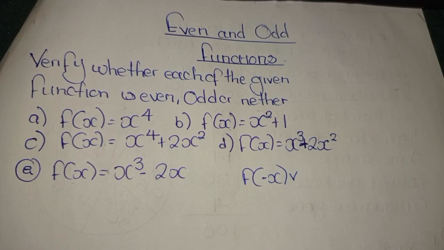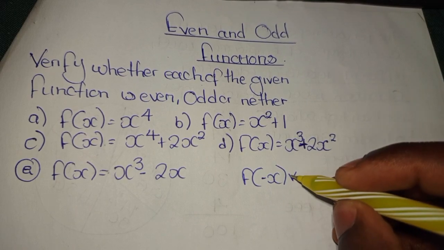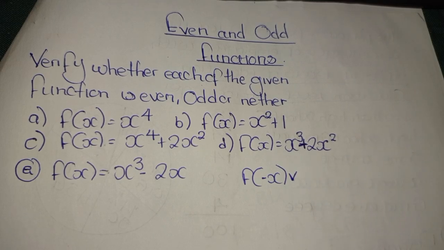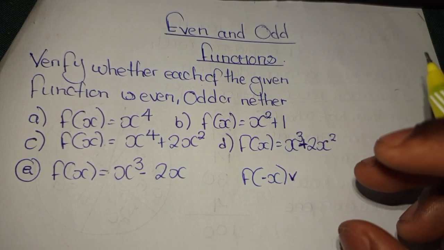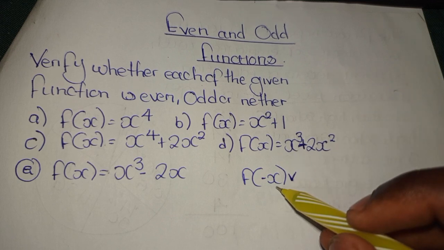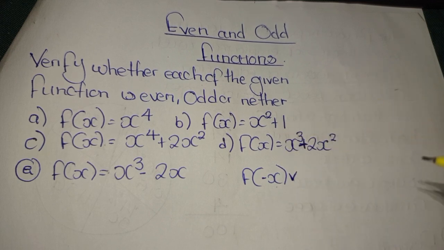So now that we know the basic fact that this is the expression that is always used, what is the logic behind this? When you replace x with negative x in a function, and that function resembles the original function, then the function is even.